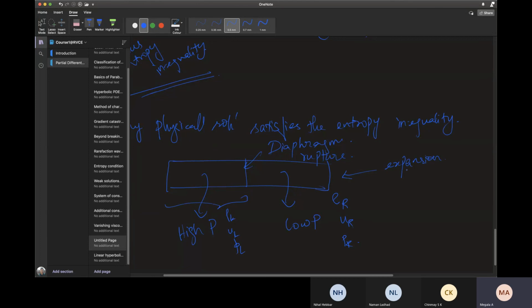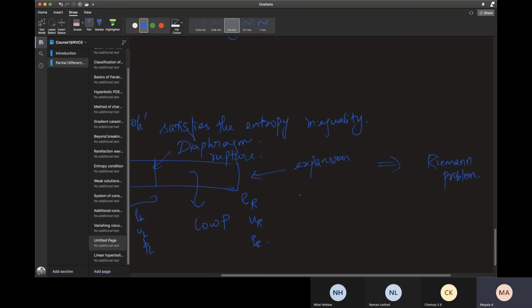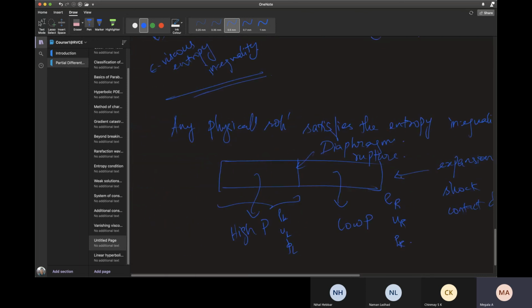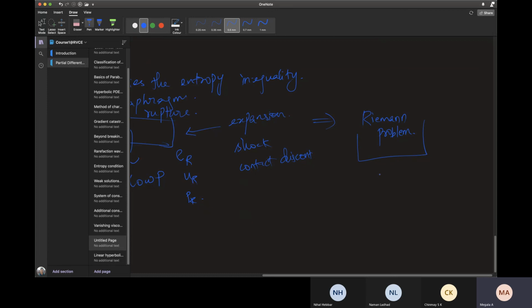An equivalent of this is the Riemann problem. It has many variations. You have expansion, shock, and contact discontinuities developing. So next class the Riemann problem will be coming as an example for one system of equations.